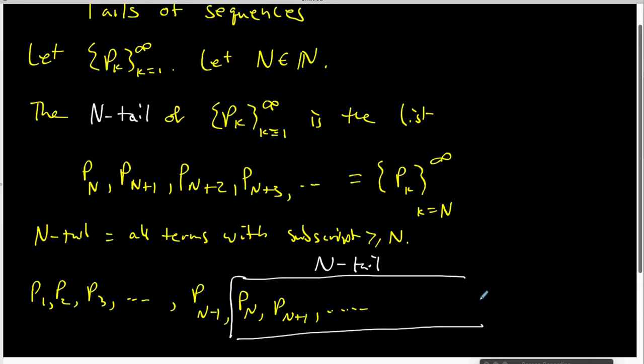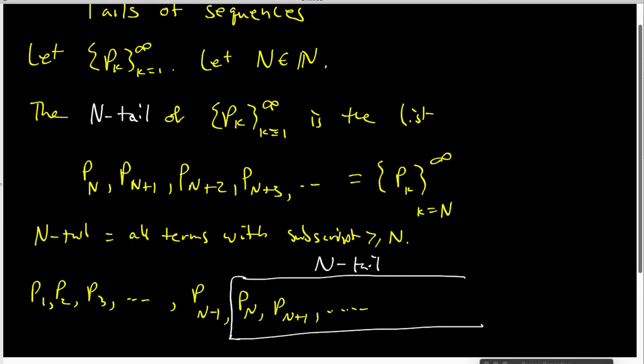And we clearly have an N tail for each natural number. So it's important to simply think of the N tail as a way of talking about what happens to the sequence as the indexing term, as the subscript, gets bigger and bigger and bigger.